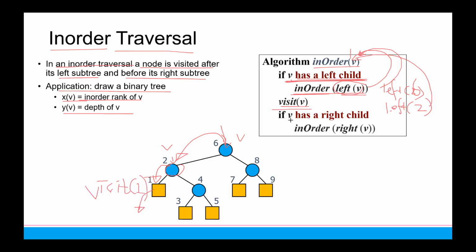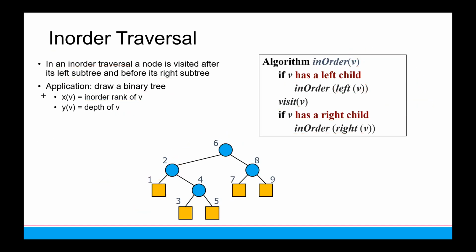After we visit 1, check whether V has a right child. Is there a right child? No. Because there is no right child, we go to the previous node and then check. We visit V because there is no other left child for 2, so we go to the right child.